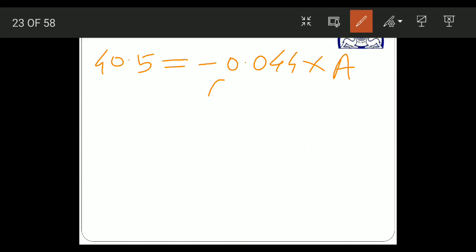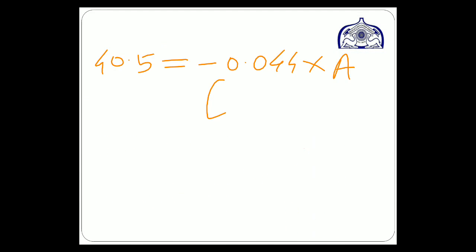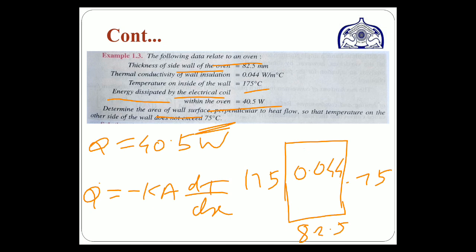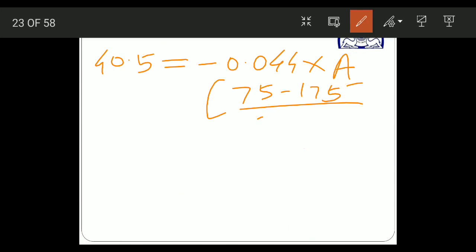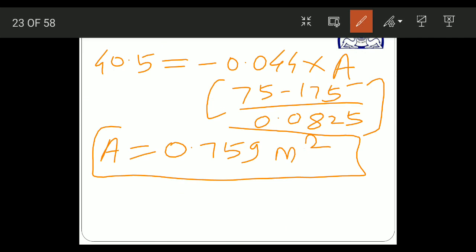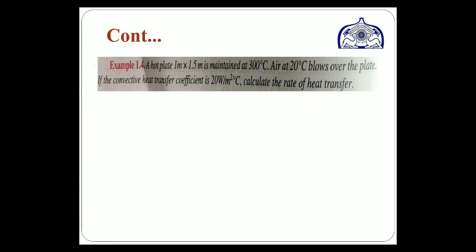Area we have to calculate, into temperature 75 minus 175, upon thickness 82.5, so convert it into meter, 0.0825. If you solve this question, then you will get the value of area as 0.759 meter square. So this is the surface area of that particular furnace wall. Remember this. So simple question again.